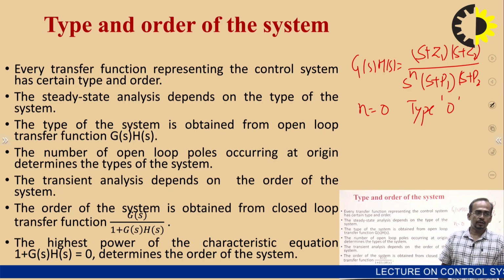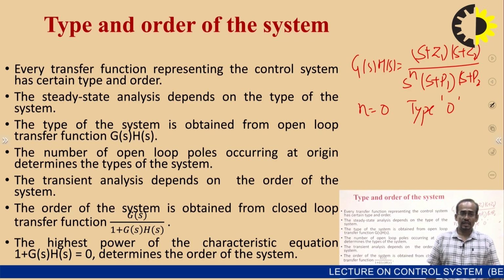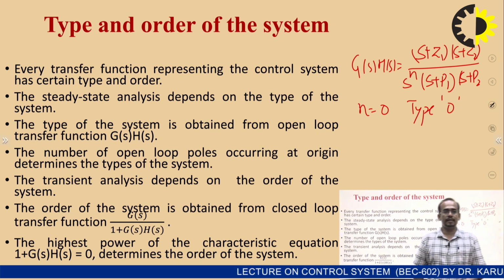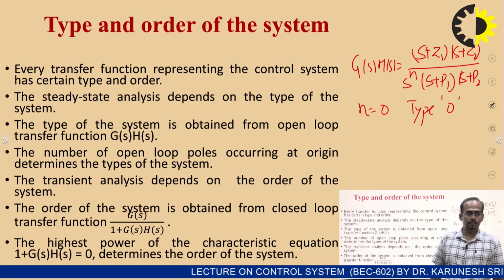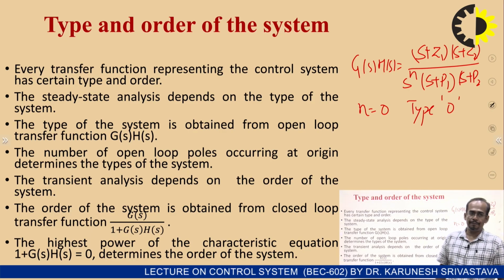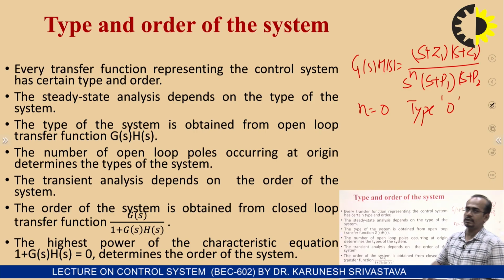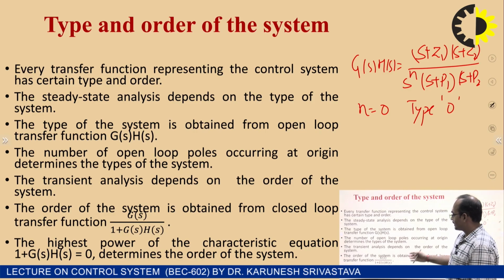Now, the steady state analysis depends on the type of the system. The transient analysis depends on the order of the system. The order of the system is obtained from the closed loop transfer function, that is G(s) upon 1 plus G(s)H(s), or you can say the characteristic equation.